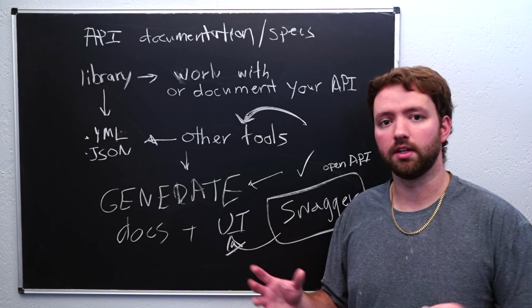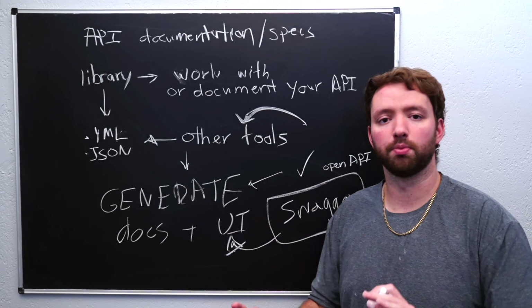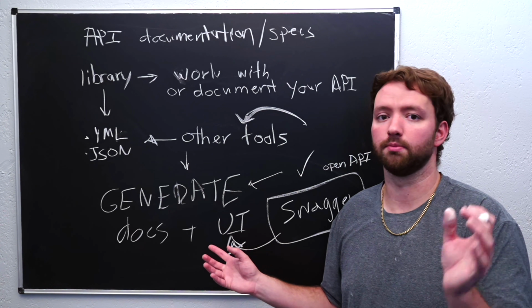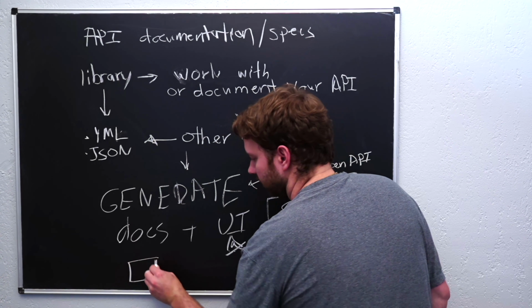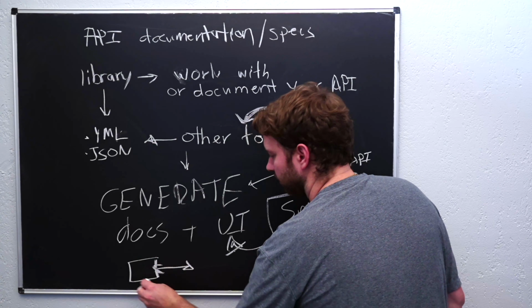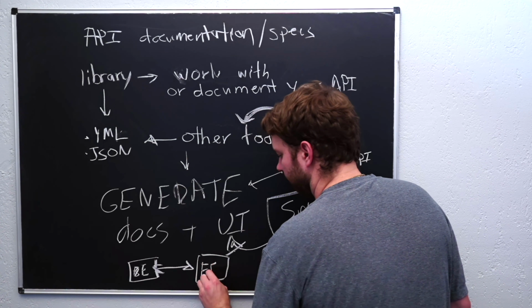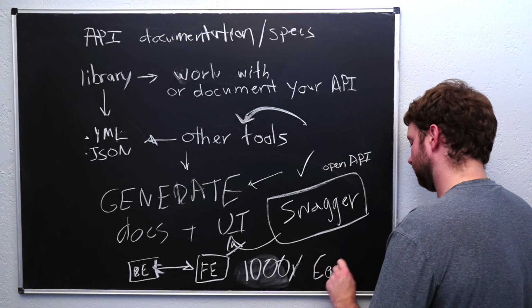So then if you're working in a team or you need to share this API with other people, you don't have to tell them what every single possible thing is. They can just look at the UI and see the possible inputs and potential errors or output concerns they need to consider. So this makes building the actual interaction between the backend and the front end 1,000 times easier.